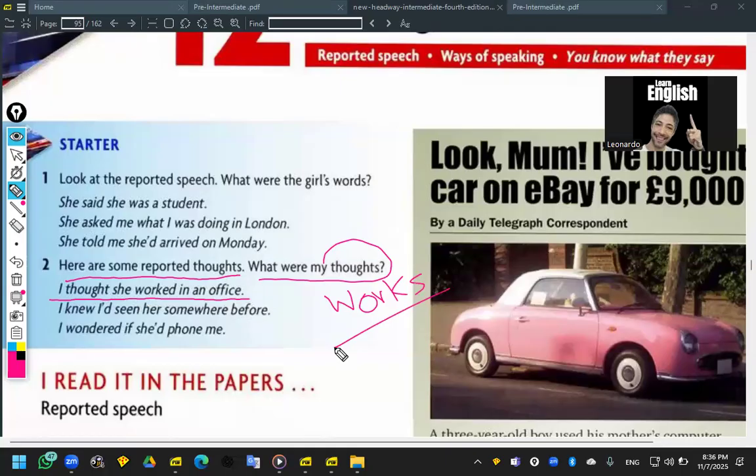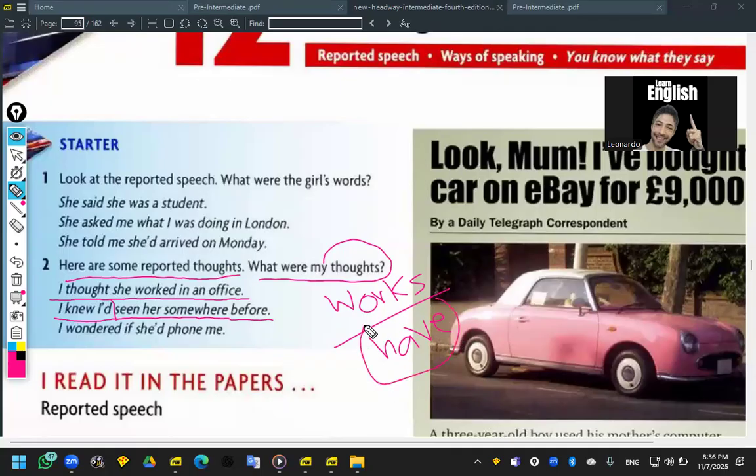What about two? I knew I'd seen her somewhere before. Exactly. So I had, this is had here. I have to say, I have seen her somewhere before. So this is about the tense.